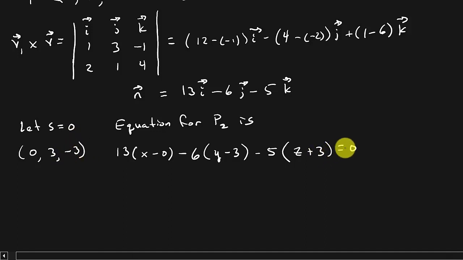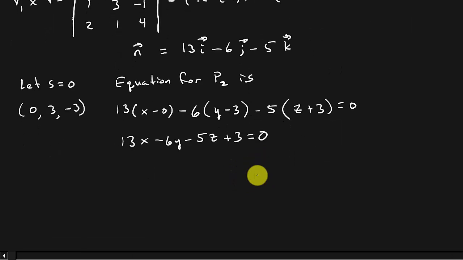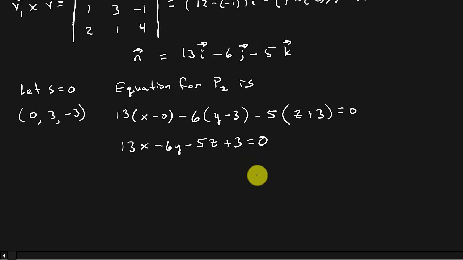And so that's going to give me 13x minus 6y minus 5z plus 3 equals 0. So this is plane P2. Okay.